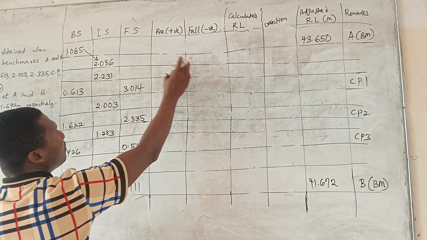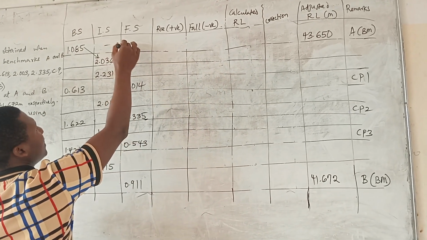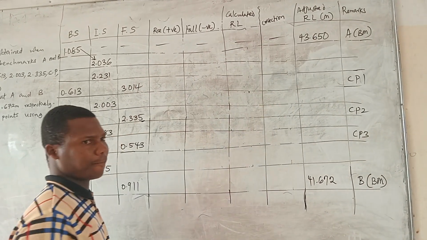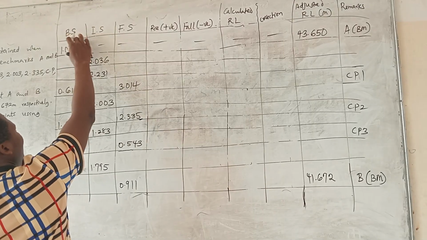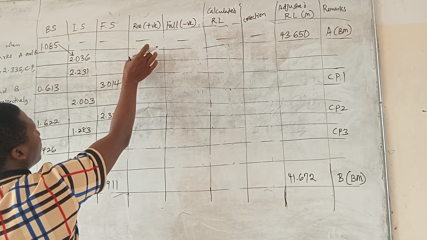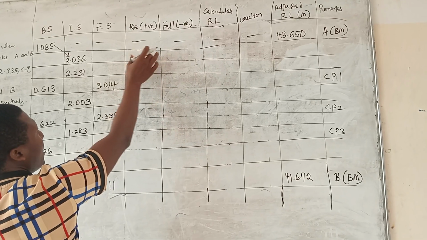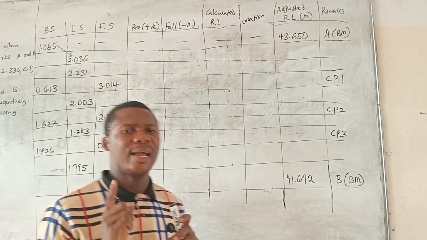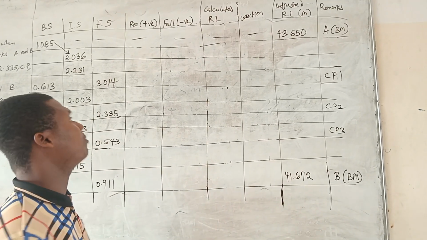If it's negative, you write it under fall. Take note, there will not be anything in this line. Remember, you cannot have rise and fall on the same line.